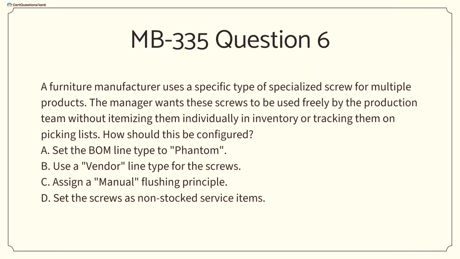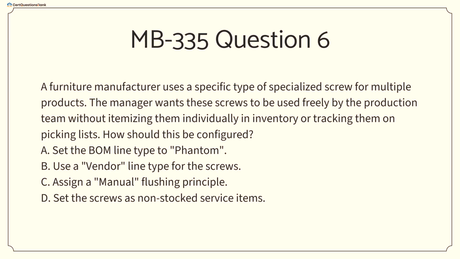A furniture manufacturer uses a specific type of specialized screw for multiple products. The manager wants these screws to be used freely by the production team without itemizing them individually in inventory or tracking them on picking lists. How should this be configured?